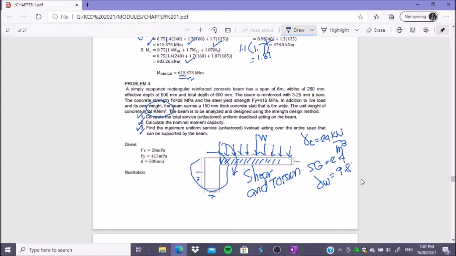So multiply natin yan. That is around 23.56, like rounded up. Kaya 24 na lang ginamit natin. Okay.